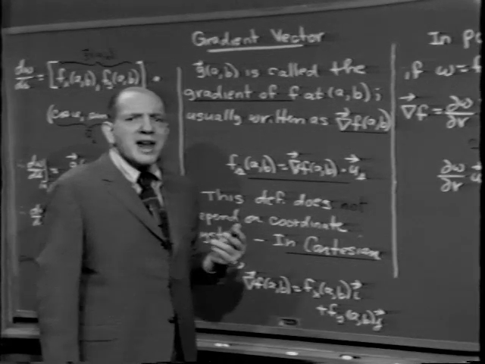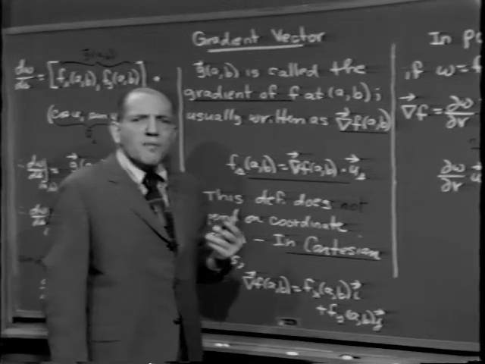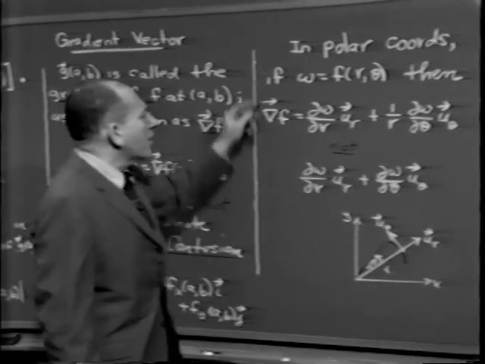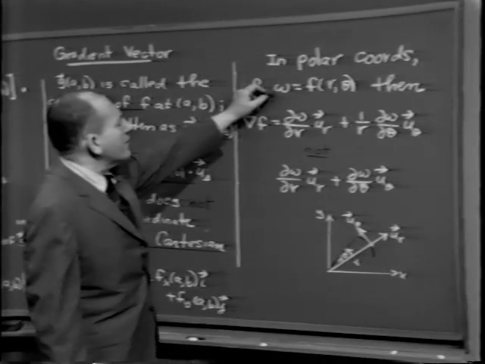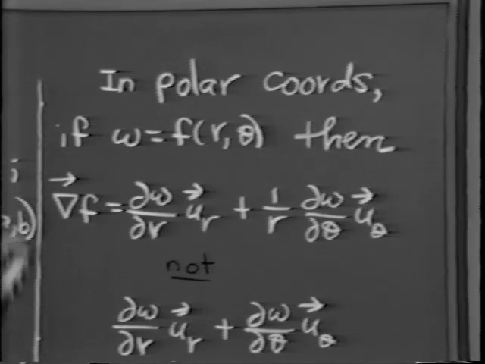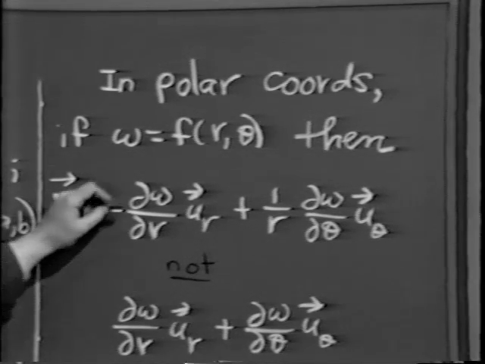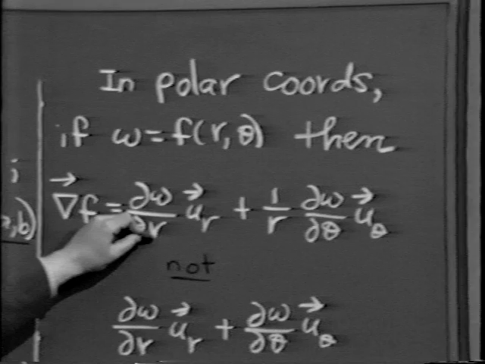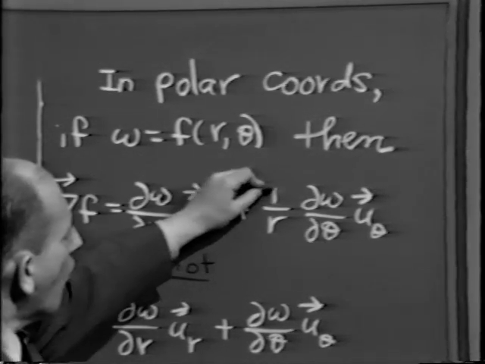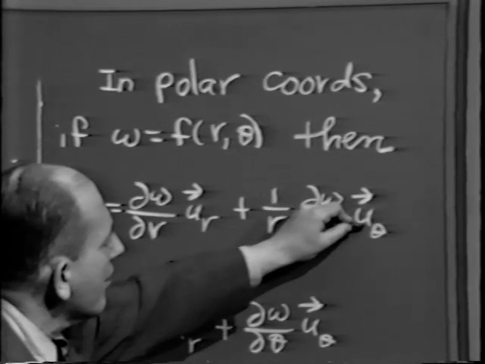But in other words, what I'm saying is, remember the gradient vector in terms of a maximum directional derivative. Don't memorize it as a formula, because if you do, you're going to get in trouble. For example, if I were to give my surface in polar coordinates, say w is some function of r and theta, then it turns out, and there's an exercise on this in the notes, that the gradient of f is the partial of w with respect to r times u sub r plus, and here's the big difference, 1 over r times the partial of w with respect to theta times u sub theta.